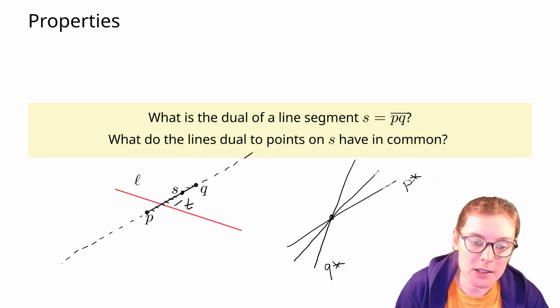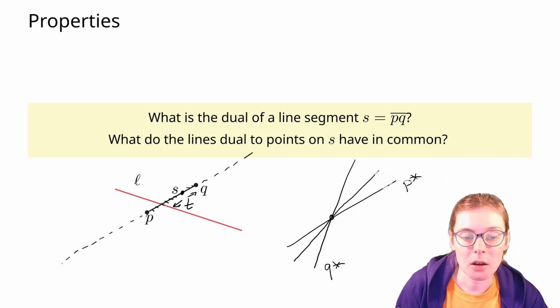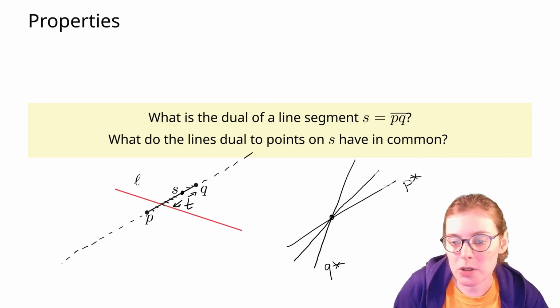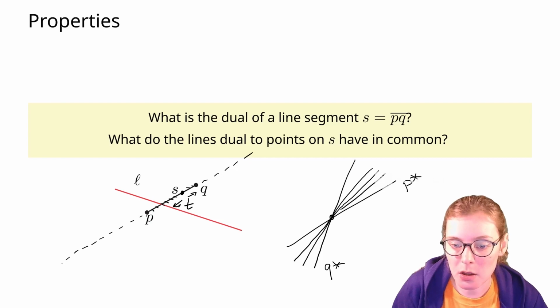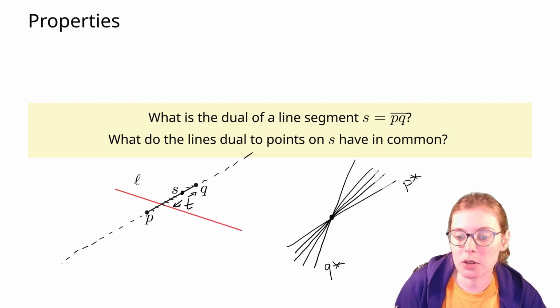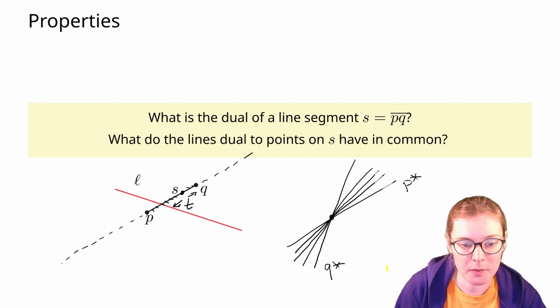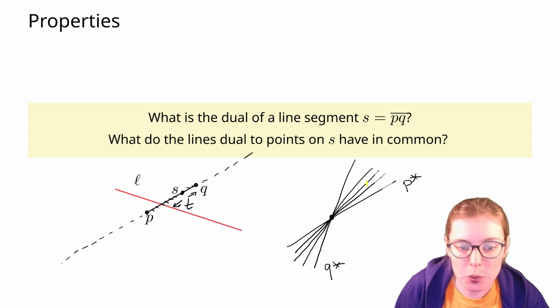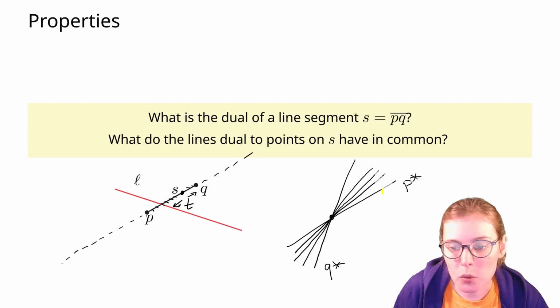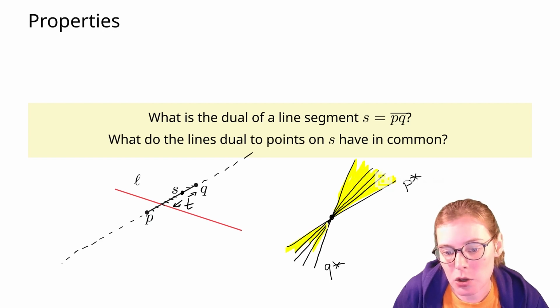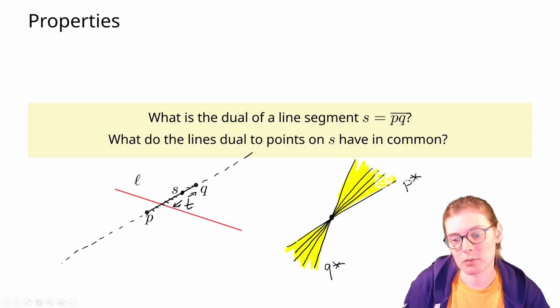And now if we slide the point T left or right along the segment, we will see that this line dual to T will be rotating around the common intersection point. So if we move T from point P to point Q, it will be dual to some line that spans this so-called double wedge.